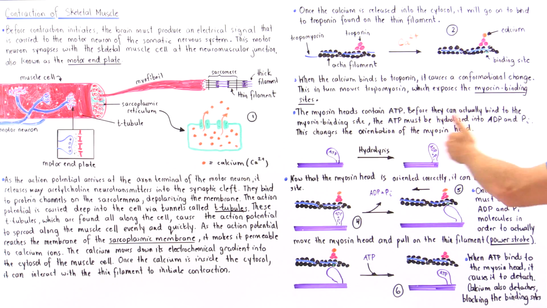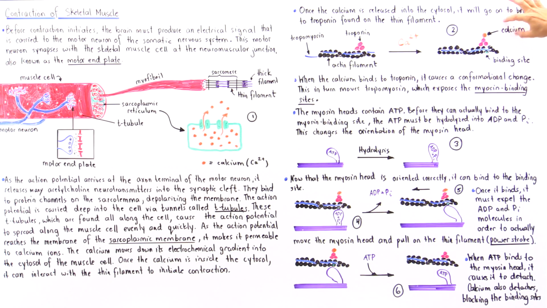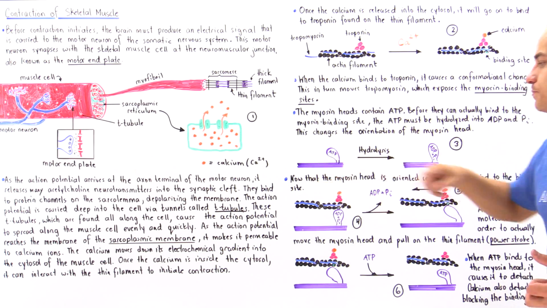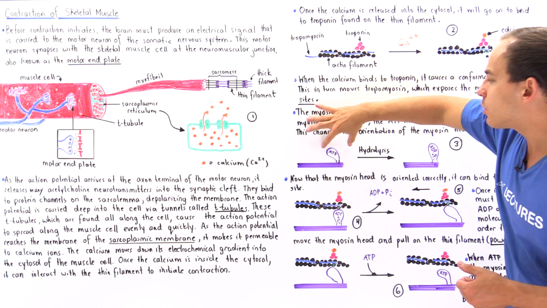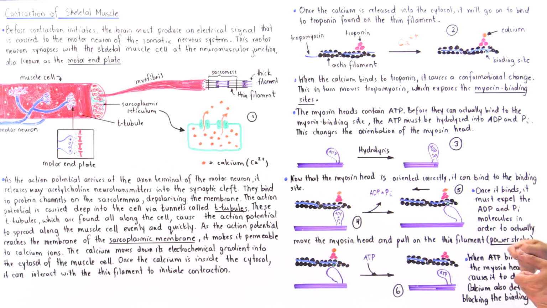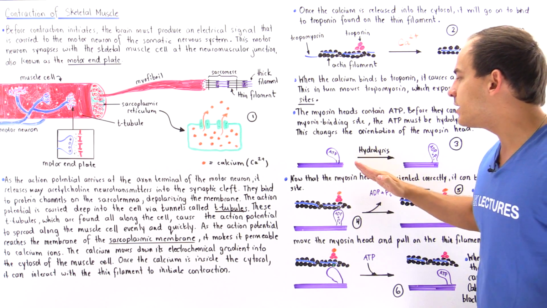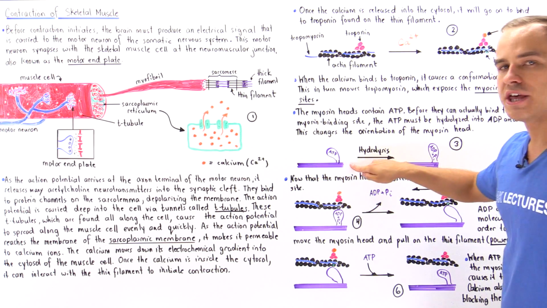Now, once we hydrolyze the ATP into ADP and the phosphate, and once the calcium binds onto our troponin, exposing that binding site, now the binding can actually take place. So now the myosin head is oriented correctly. What also happens with hydrolysis is, in this diagram, the myosin head is oriented at a 45-degree angle with respect to our thick filament.